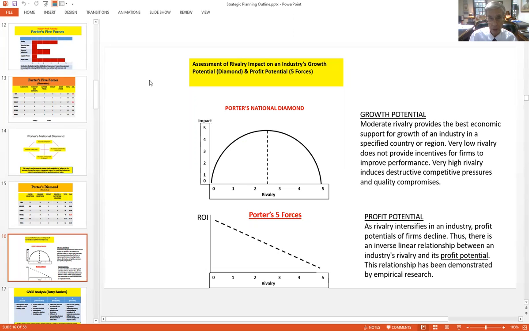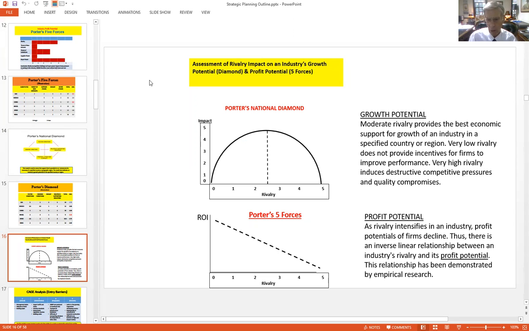They've got a good deal, but the customer doesn't. As rivalry picks up, things change, don't they? And the growth potential of the industry and the industry's quality, the state of the art, goes up.